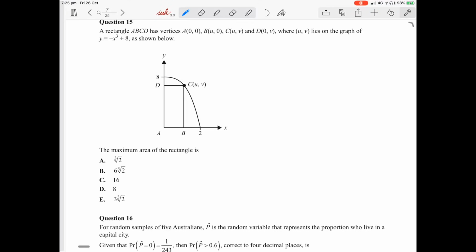Okay, has vertices, lies on the graph as shown below. The maximum area of the rectangle is. Okay, so that's x. That is whatever that function is. So our rectangle area is x times negative x cubed plus 8. The maximum area of the rectangle, and it's between 0 and 2.